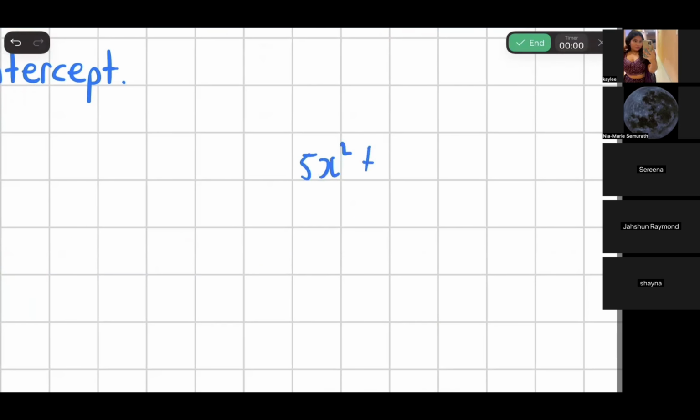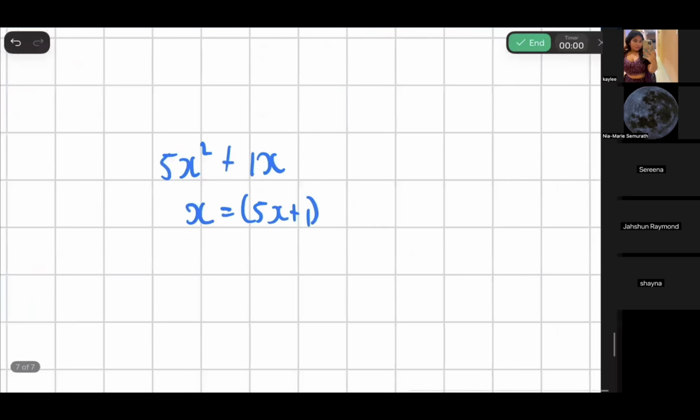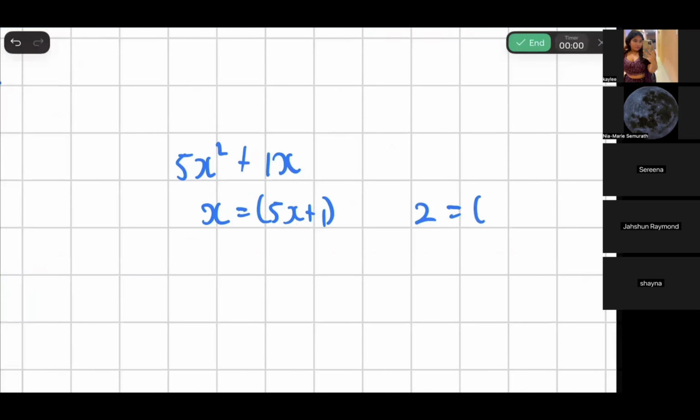For 5x squared plus 1x, I see you write x is equal to 5x plus 1. And I see you do that for the other side too. I see you say 2 is equal to 5x plus 1. I kind of got confused myself with that one. Let me think about what this means. No, it's not equal. X would not be equal to this.